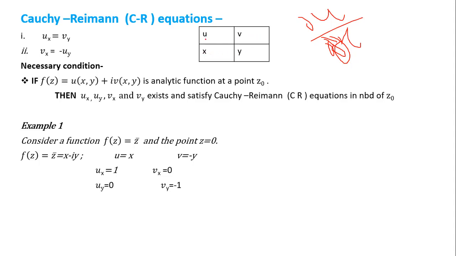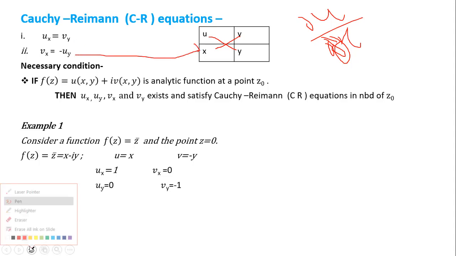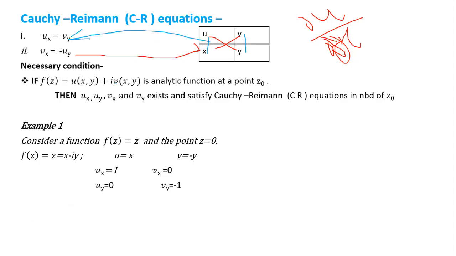If u is going with x, del u upon del x equals del v upon del y, positive sign. If it's going cross, del u upon del y equals minus of del v upon del x, negative sign. Very simple to remember.